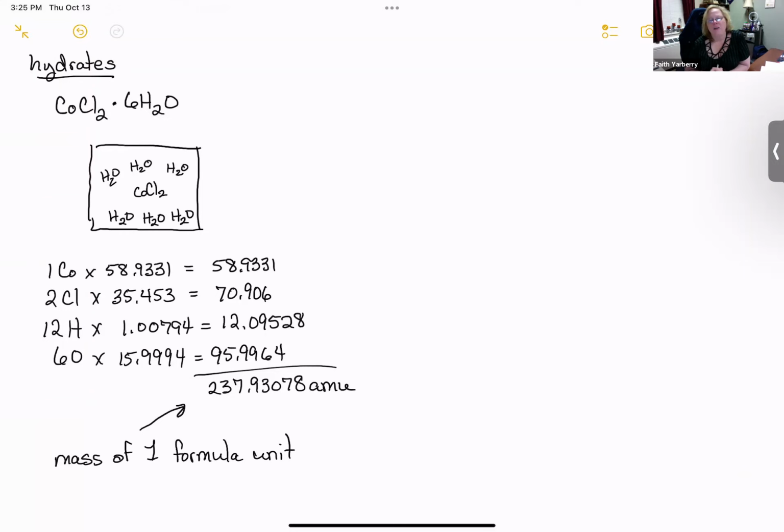I wanted to show you a hydrate because I want to remind you that the dot in the formula of a hydrate does not mean multiplication.